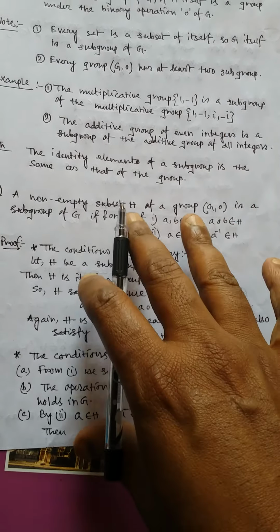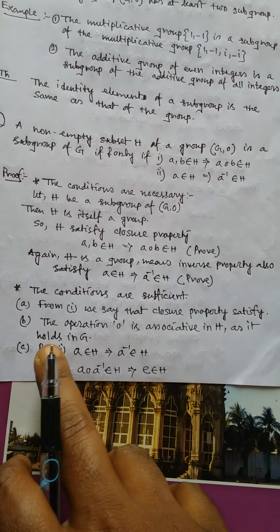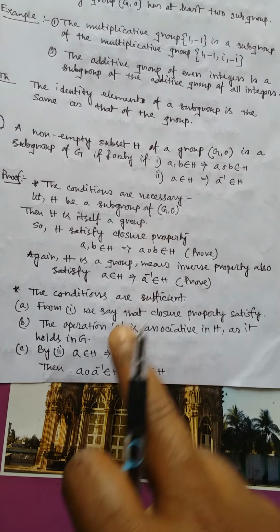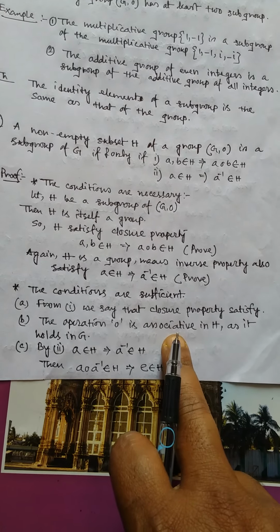From the first condition, A, B belong to H, so A compose B belongs to H, so the closure property is satisfied. And the operation is associative in H if it holds in G. G is already a group, so it holds in G also, so closure and associative are satisfied.